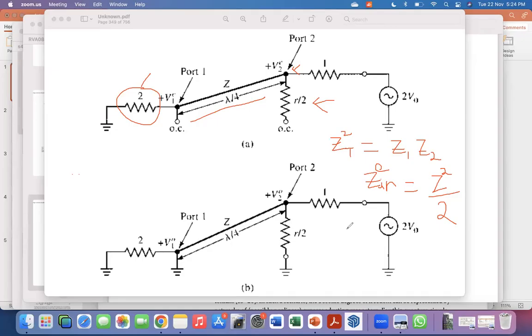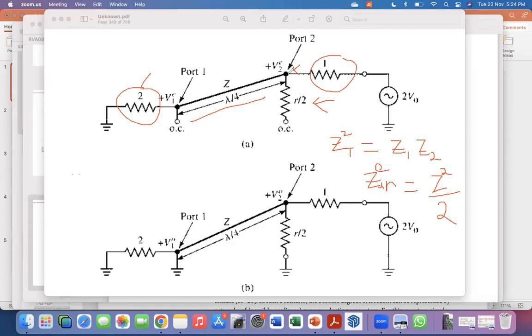Now, what do we want this to look like? To be matched, right? So if Z was √2, then this Z in impedance would be √2 square. That's 2 over 2, which is 1. And what is 1? 1 is this.